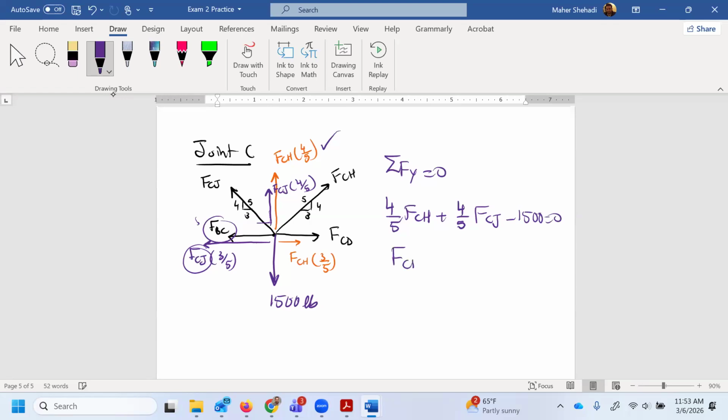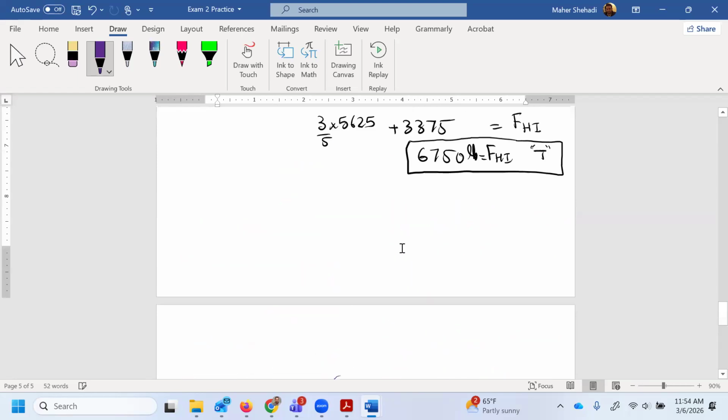Therefore, FCJ plus FCH equal to 5 over 4. We take the 1500 to the other side, multiplied by 5 over 4. And then I wrote it twice. CH plus CJ or CJ plus CH. Therefore, FCJ, that's the one we're trying to solve for. 5 over 4 into 1500 minus FCH. What was FCH? We just found it.